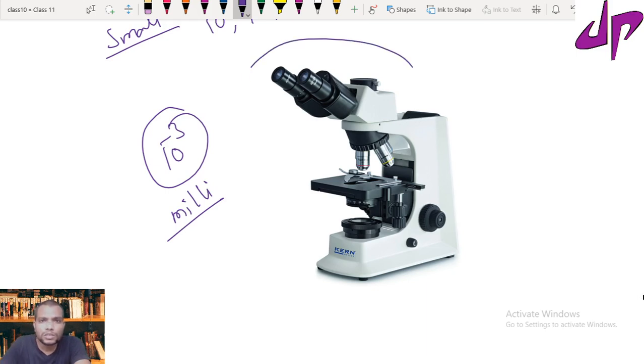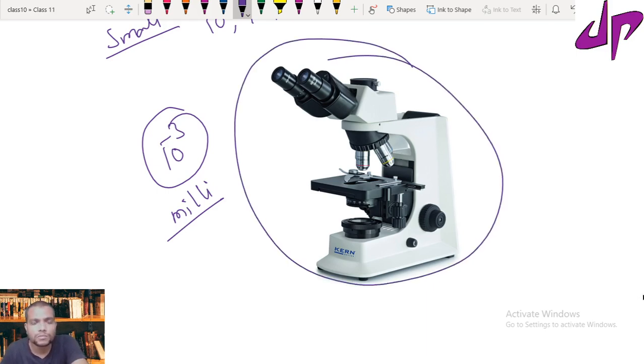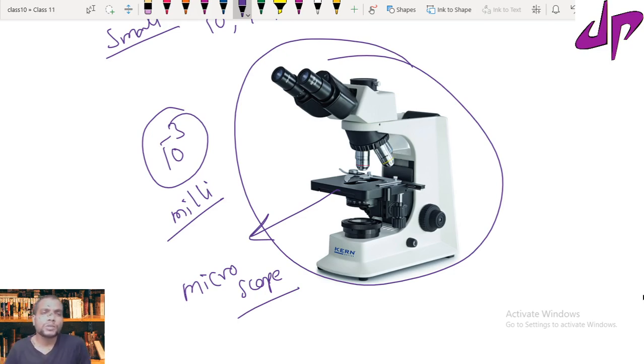you know this instrument? Yes, this instrument is known as a microscope. It has the ability to see objects up to the order of 10 power minus 3 in size, such as bacteria or any kind of cell with a size from 10 power minus 3 down to 10 power minus 6.